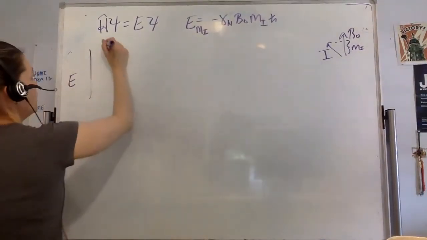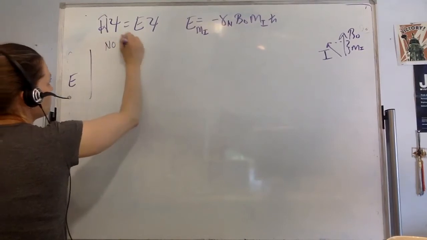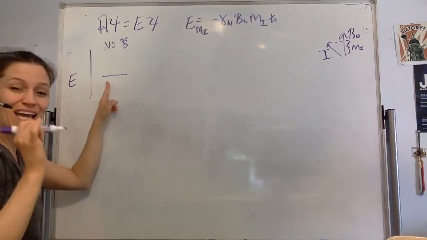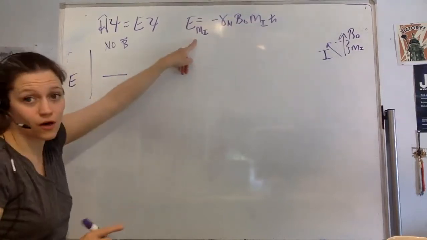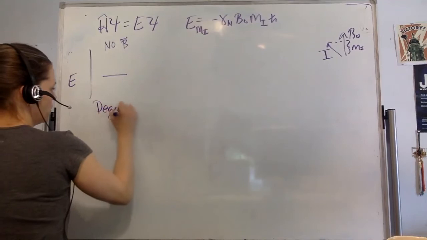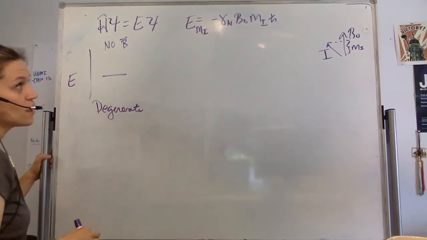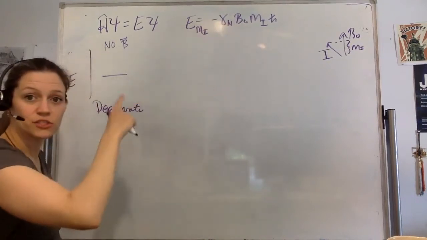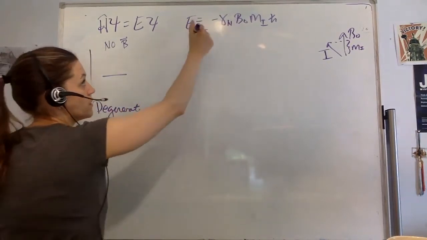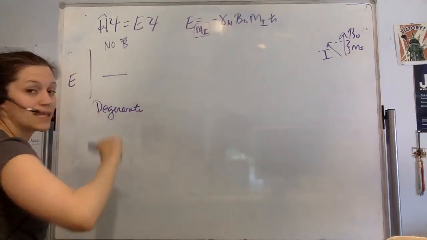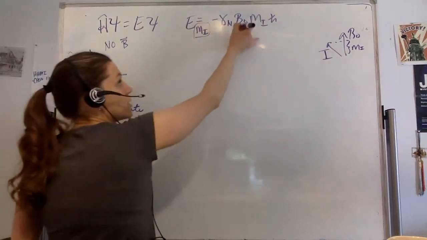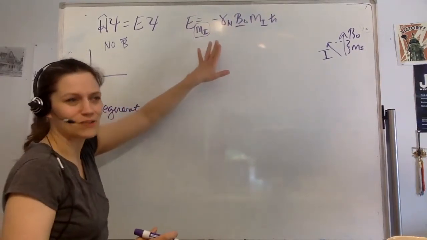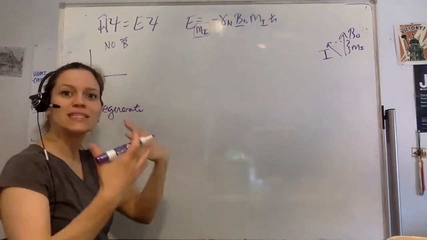Resonance technique. In no magnetic field, so B equals 0, the energies of the spin states are all degenerate. There isn't a difference between the energies associated with the spin states in the absence of a magnetic field. This only applies when you have what's called degeneracy lifting.